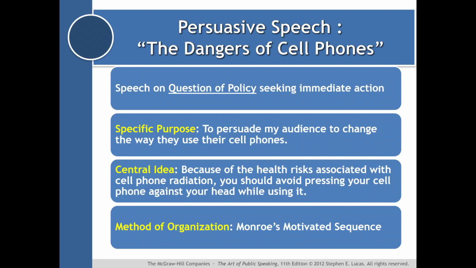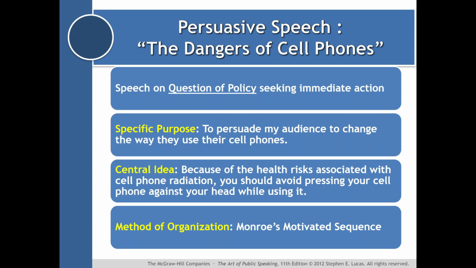Right, this is an example of a persuasive speech, which is the dangers of cell phones. The first one is the speech on a question of policy, seeking immediate action, meaning that at the end of the speech, you want the audience to take action.